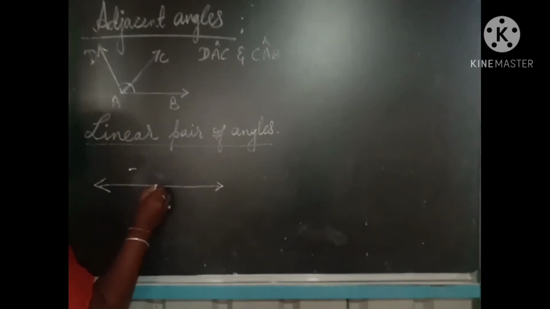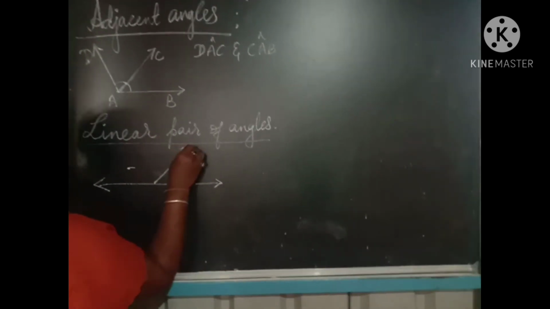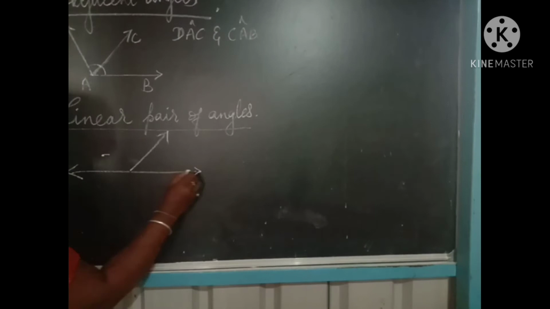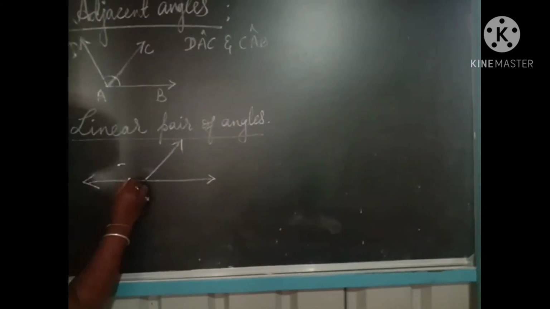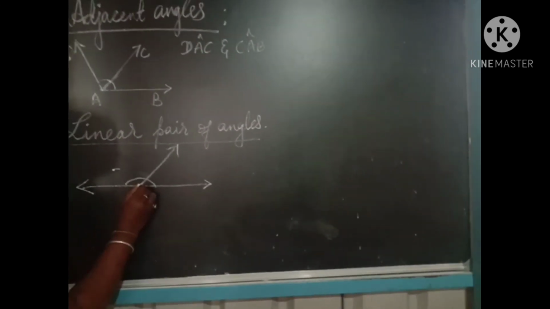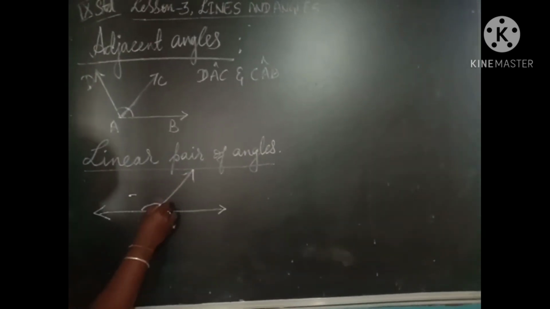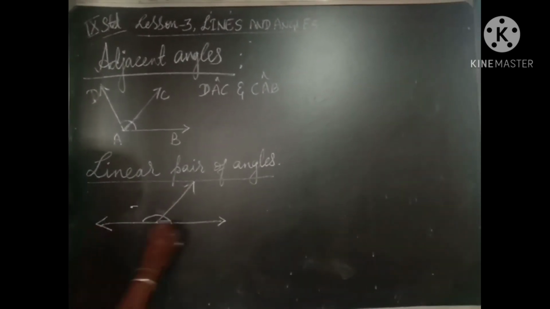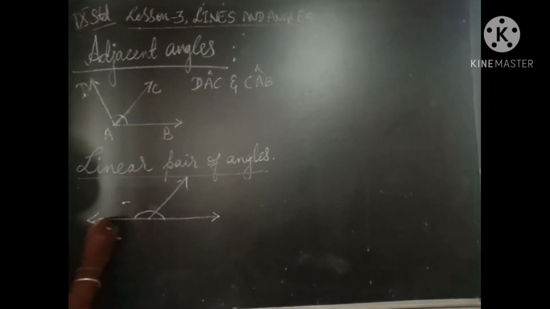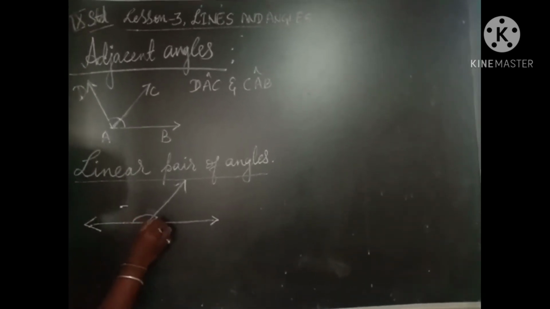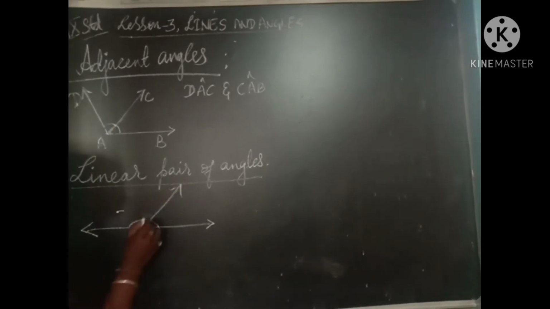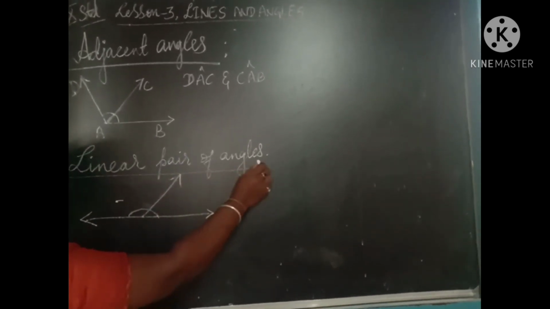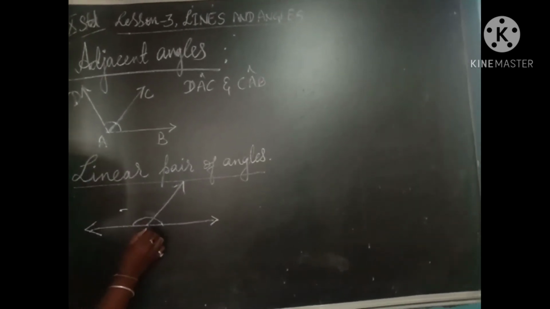On the line, when it forms an angle like this, this is a straight angle. On this straight angle we have one common arm. This common arm separates the two angles. Such angles are called linear pair of angles.